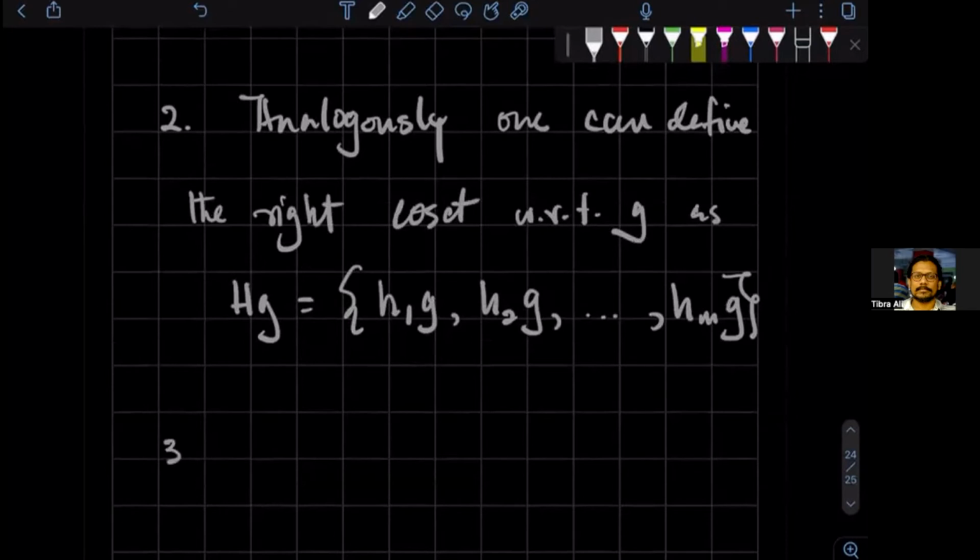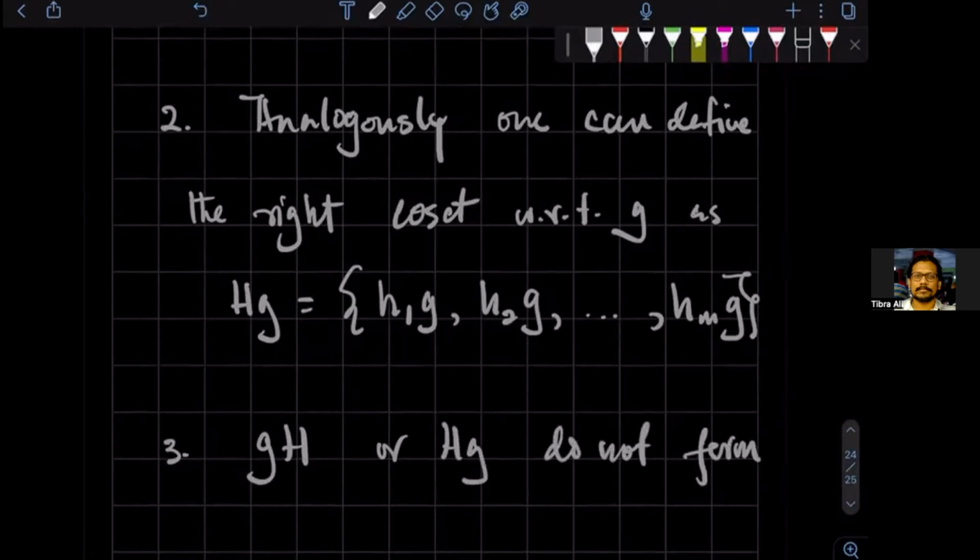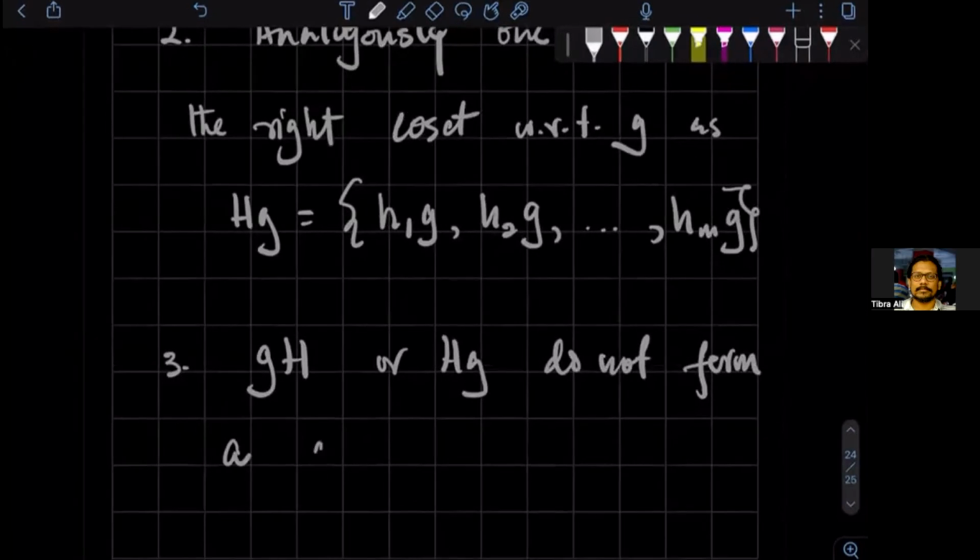Now, the left coset or the right coset do not form a group in general. There might be some cases where they do.